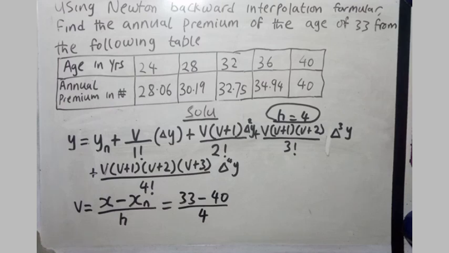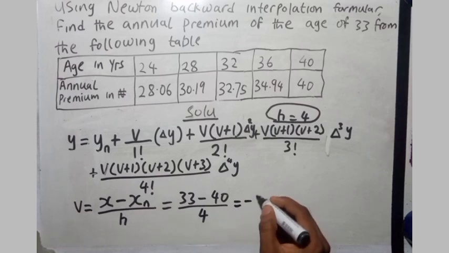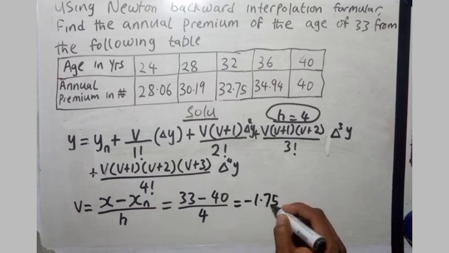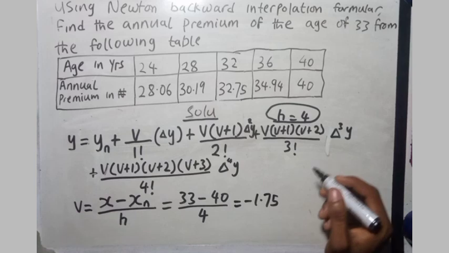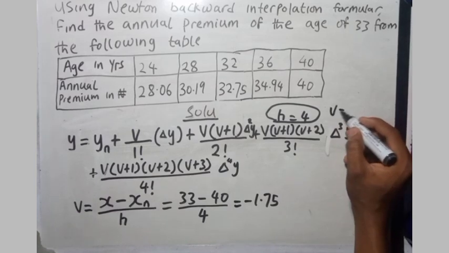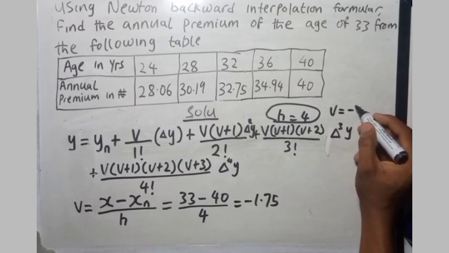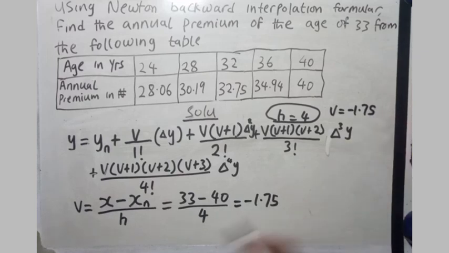With a calculator, our answer is minus 1.75. That is the value of our v. Our v is minus 1.75.